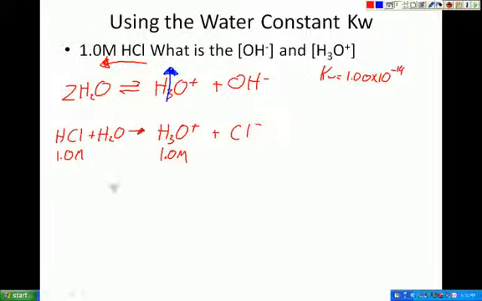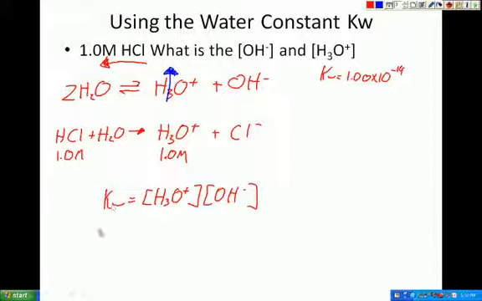So if we remember, Kw equals the concentration of H3O+ times the concentration of OH-. Let's start filling in some of these numbers. Normally in pure water at 25 degrees, H3O+ is 1.00 times 10 to the minus 7, and OH- is also 1.00 times 10 to the minus 7.